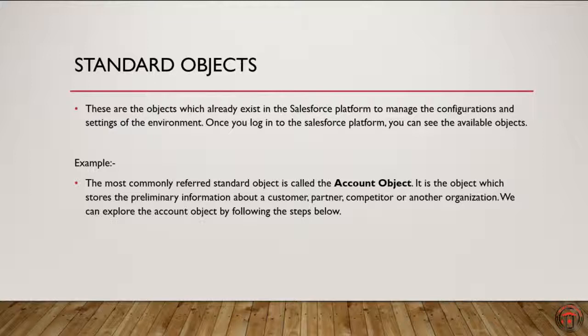You will be seeing a couple of objects which are available to access on the go. These are all the objects which come under standard objects. For example, the account object. The account object is an object where we will store the details of a customer or partner or let's say any other organization.